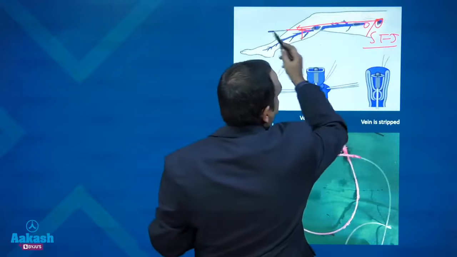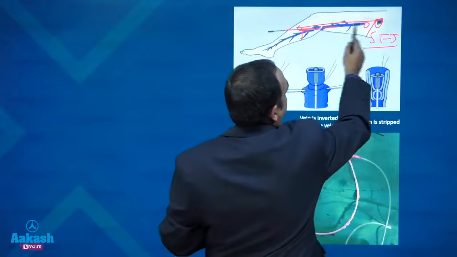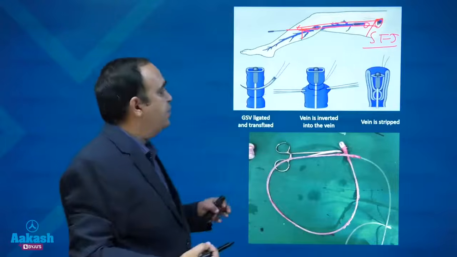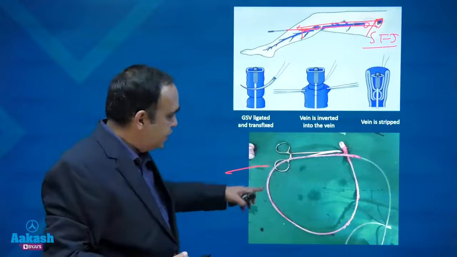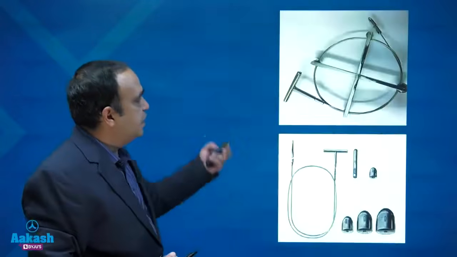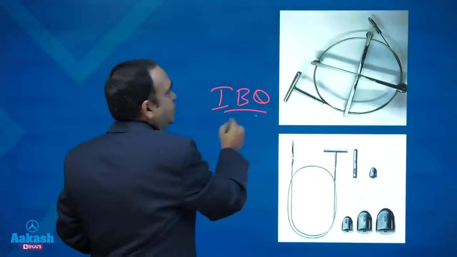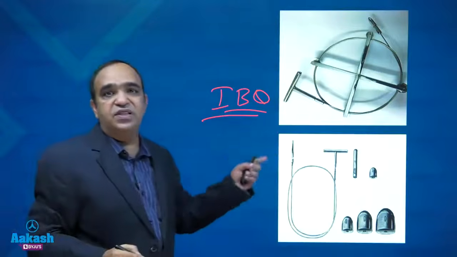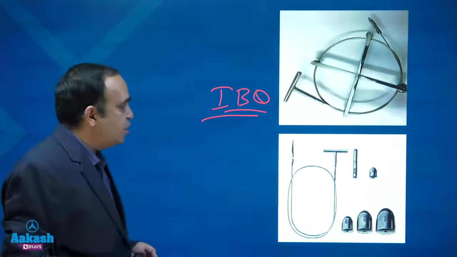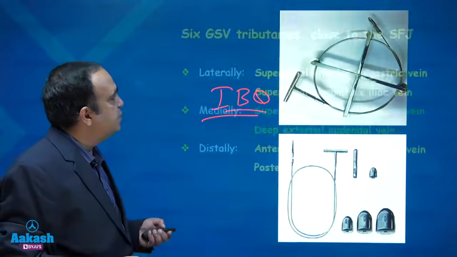Once you have inserted the stripper into the entire vein, pull it off from above, and as you can see in the real picture, the entire vein comes out along with the stripper. And this is another potential image based question. This is a vein stripper. These are different pictures showing how it looks.